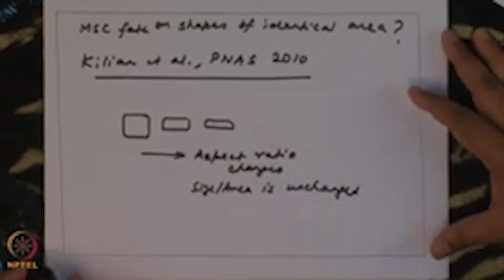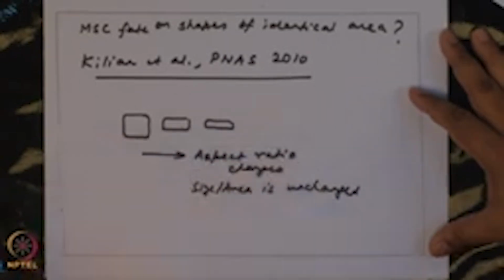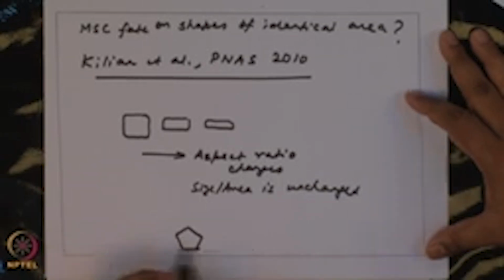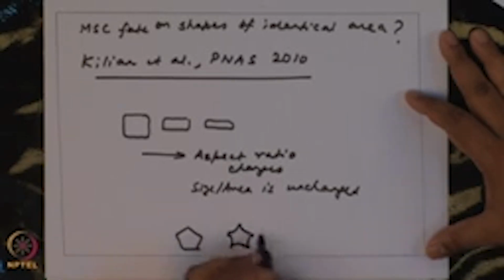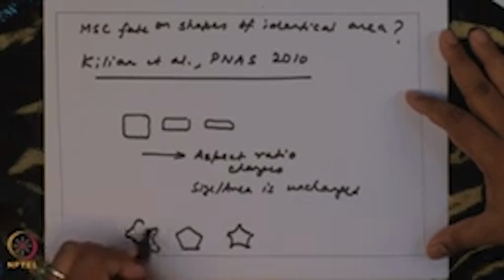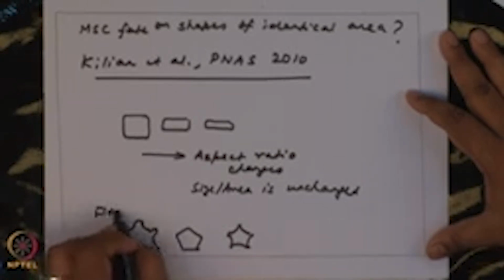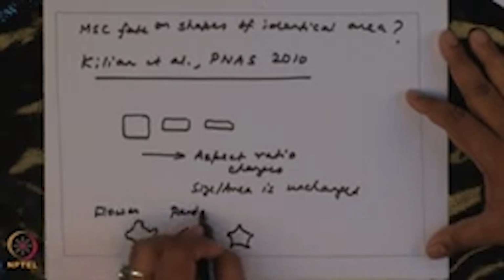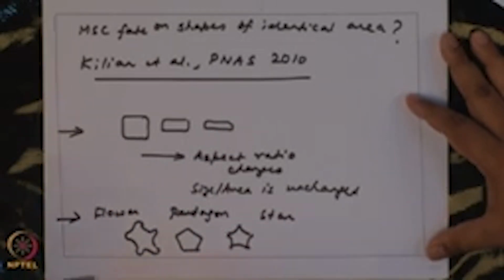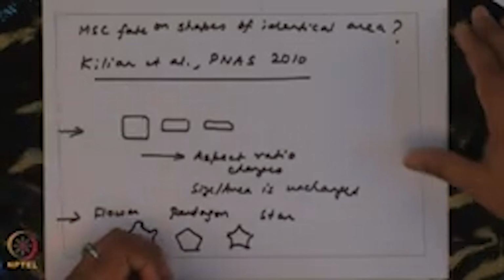This was one set of geometries the authors chose. In another set, they took a pentagon and generated two different geometries from it: one in which they rounded the interior to form a flower, and another star shaped. So this is a pentagon and this is a star. In both these cases you have different shapes but identical areas.